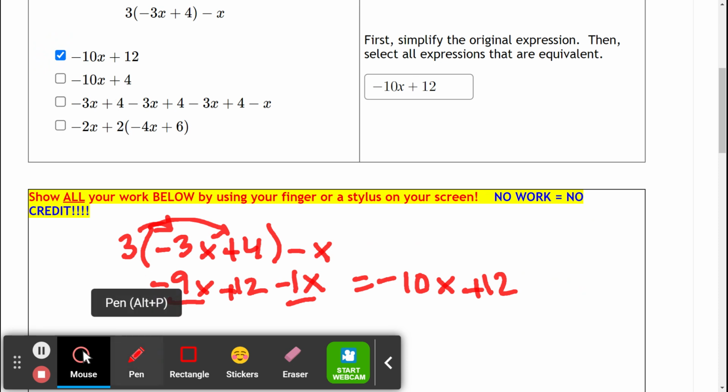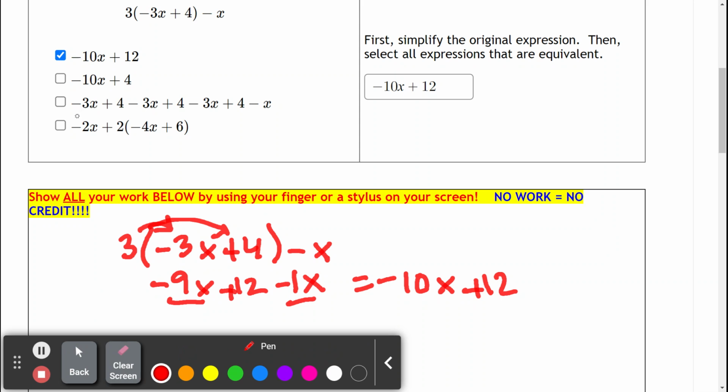But if I do this one, -3x minus 3x minus another 3x is -9x, and this is minus 1 more, that's -10x. With these numbers, 4 and another 4 is 8, and another 4 is 12, so that's plus 12.